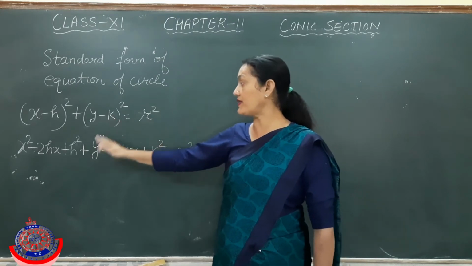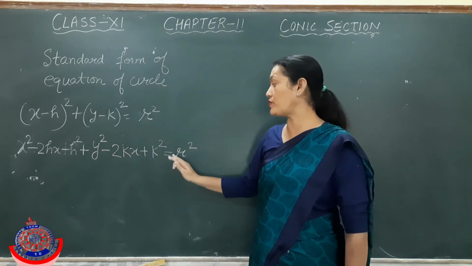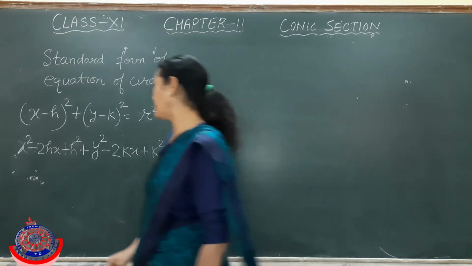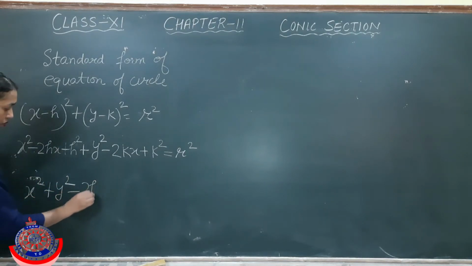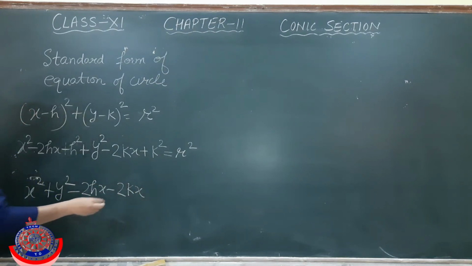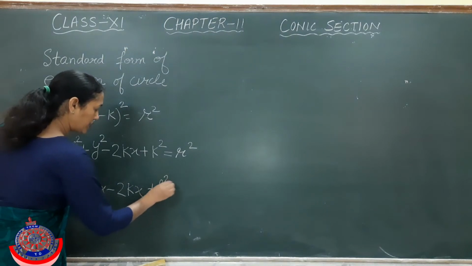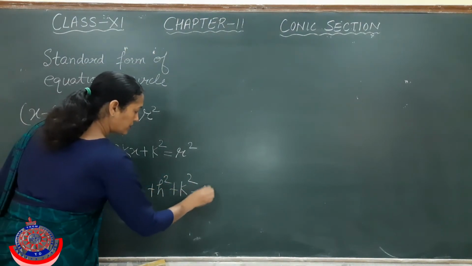The expansion of this will give y square minus 2ky plus k square equals r square. Now rearranging the things, we will be getting x square plus y square minus 2hx minus 2ky plus h square plus k square, and shifting this r square to the left hand side.